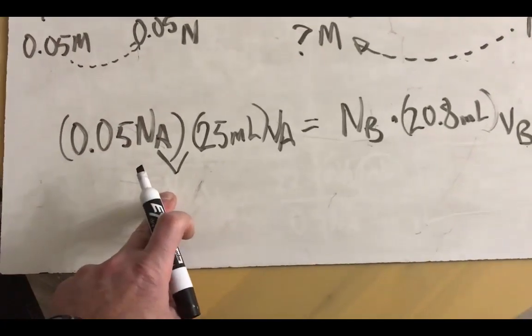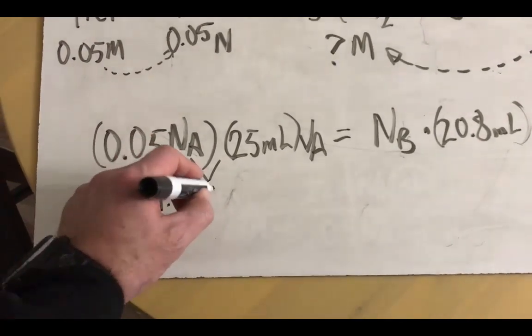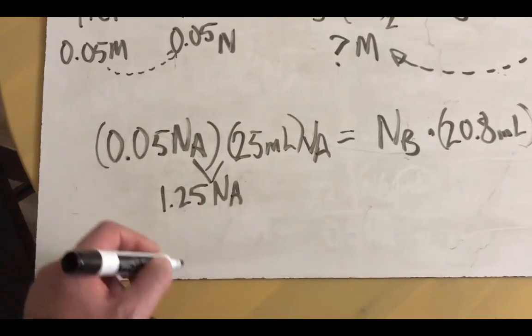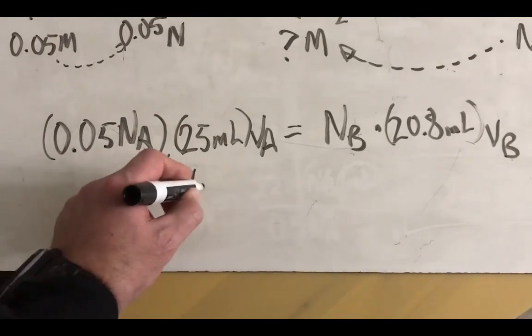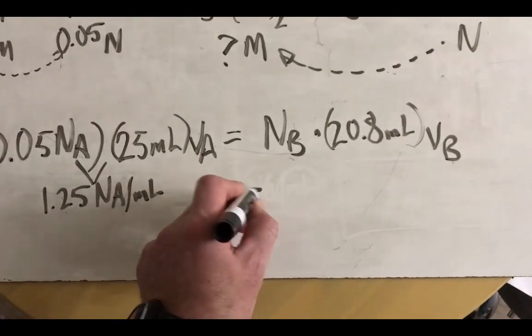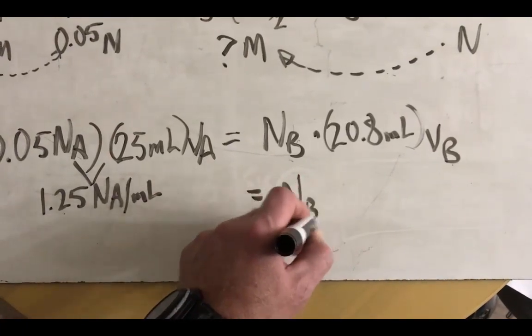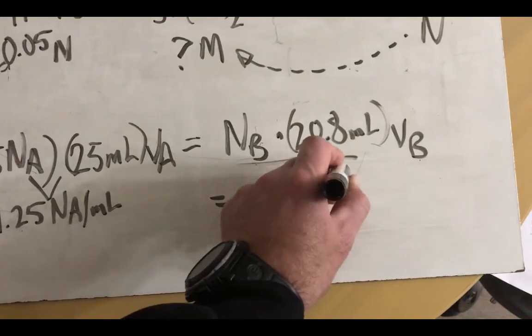These things are going to multiply. We're going to get 1.25 normal for the acid per milliliter. Okay, so to get the normality of the base by itself, I got to divide by 20.8 milliliters.